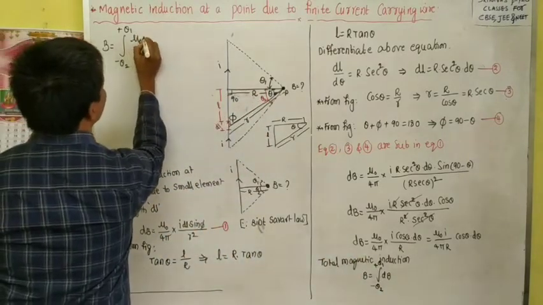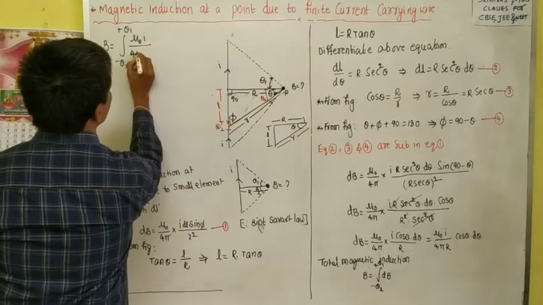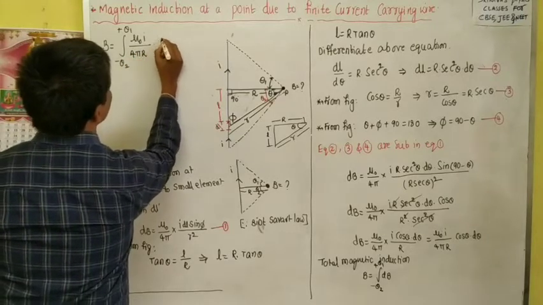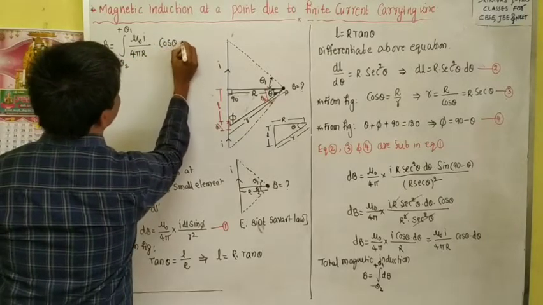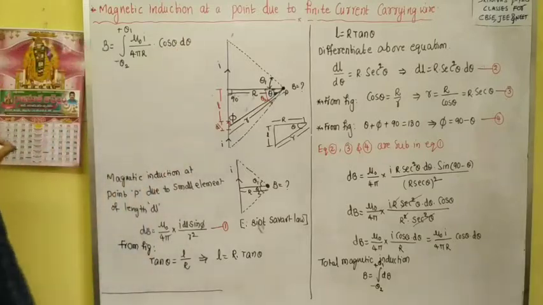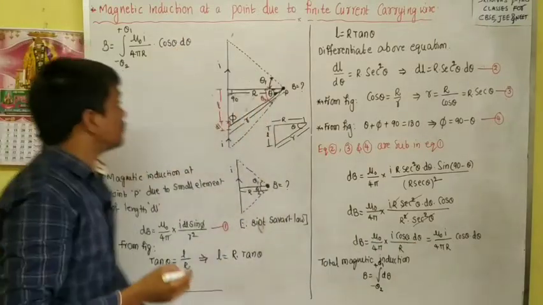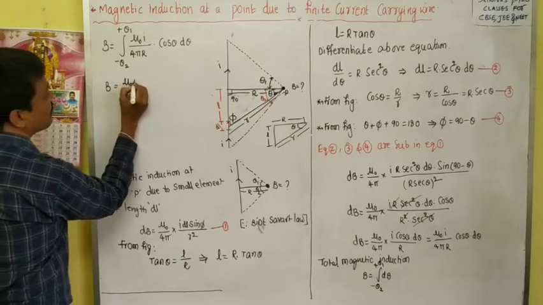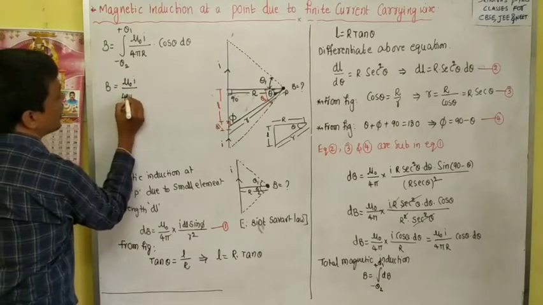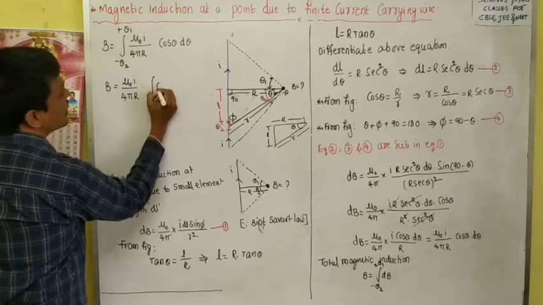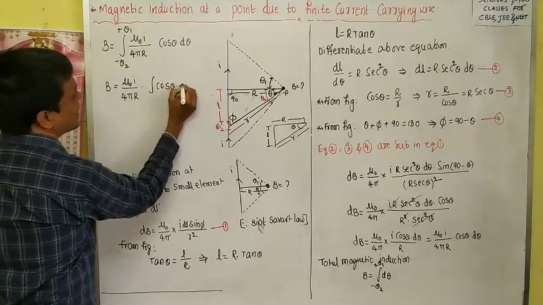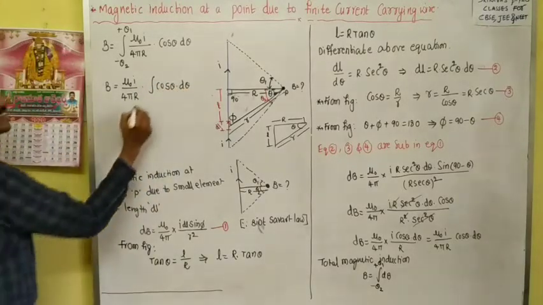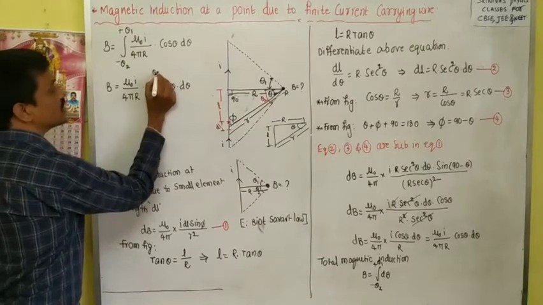Nu naught I by 4 pi r into cos theta d theta. We derived dB here. Then the constants we write outside. Nu naught I by 4 pi r is a constant. Integration of cos theta d theta, with the limits here.